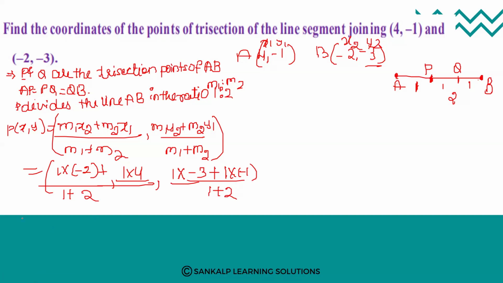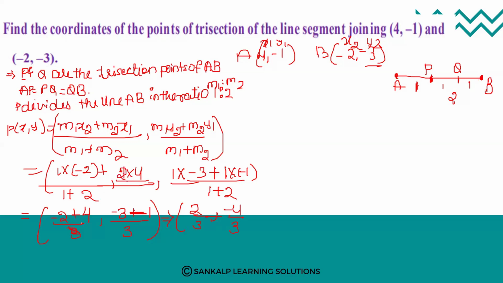What do we get here? Okay, sorry, m2 is 2 here.